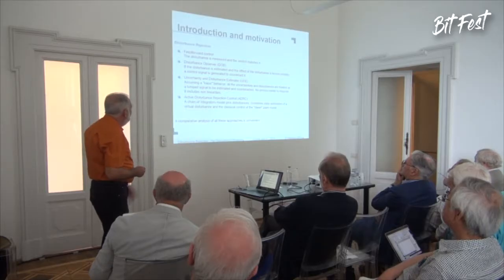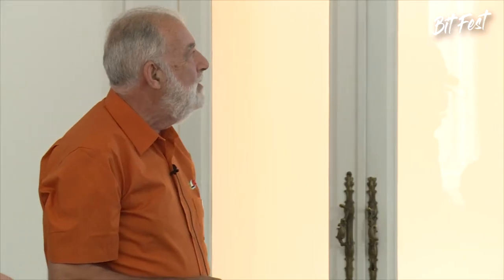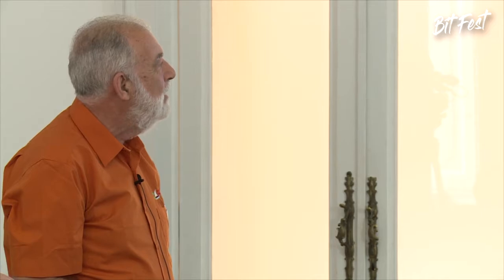Then we will go to the uncertainty and disturbance estimator, where we assume a basic behavior, and all the disturbances and all that we don't know are put together in a lumped signal that we try to estimate and counteract, including non-linearities, which is the main difference with respect to that one.